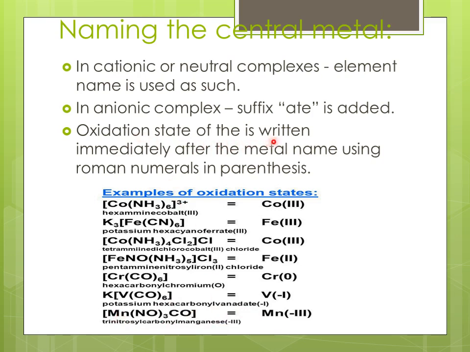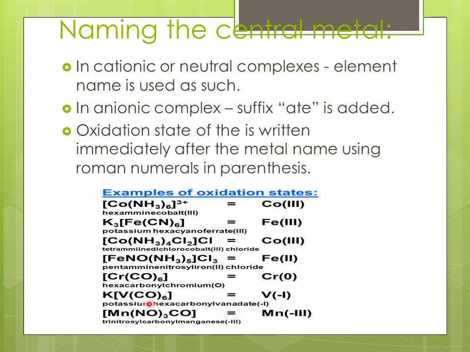Next, the oxidation state is written immediately after the metal atom name, like ferrate. Immediately after that, you will write its oxidation number in Roman numerals, in parentheses. Then for these: iron, Roman numeral II; chromium, 0; and vanadate, its oxidation number is worked out from the charges.